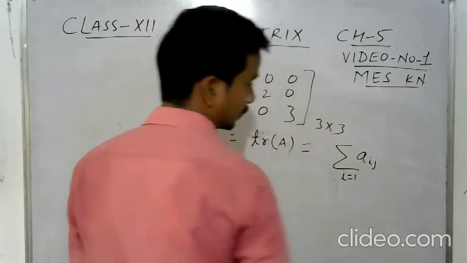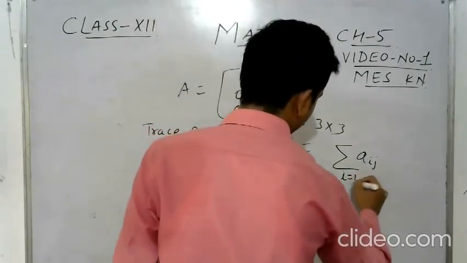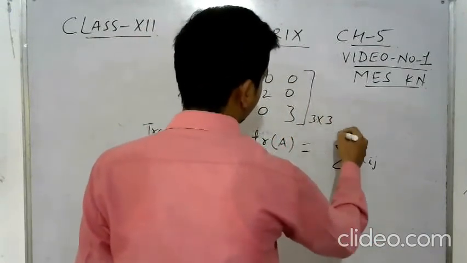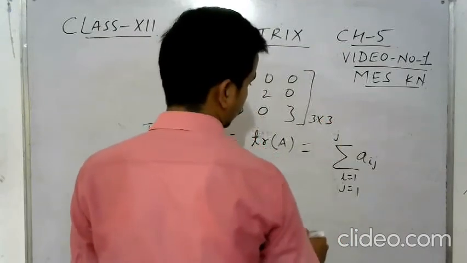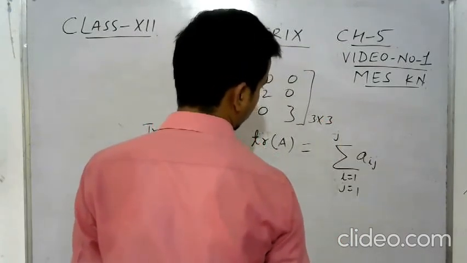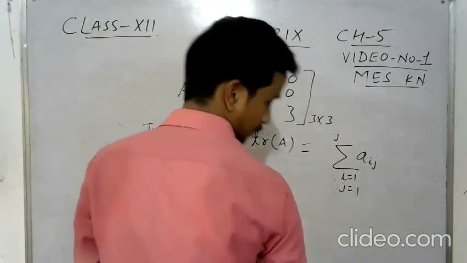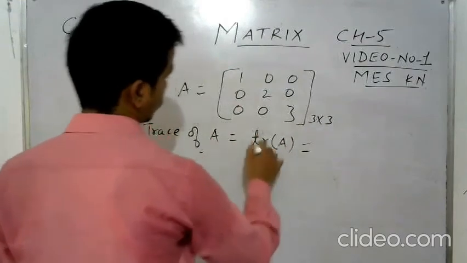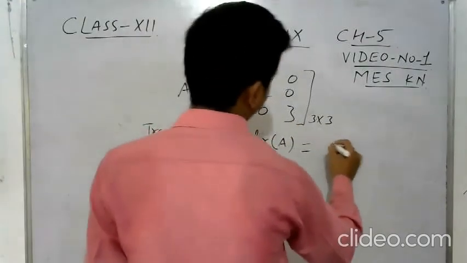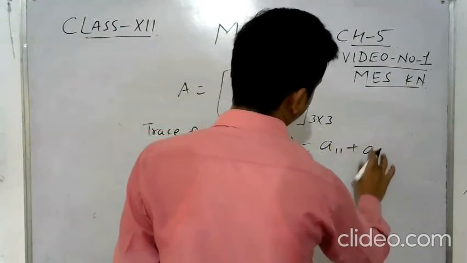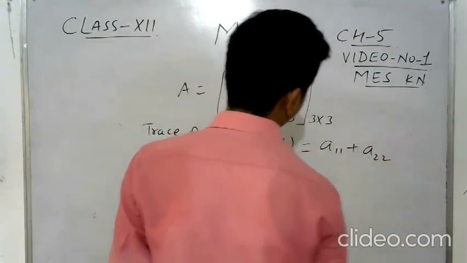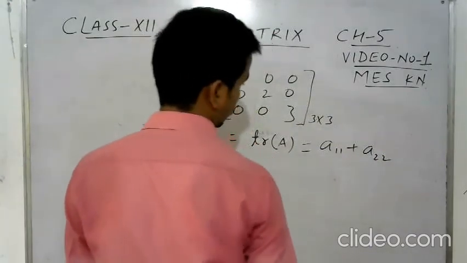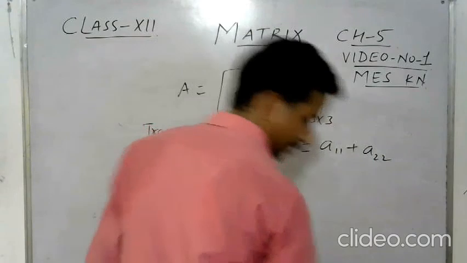For i equal to 1, 2, 3, this is 3 by 3, or you may write the trace of A is equal to the sum of these diagonal elements, or symbolically the sum of a_ij for all i equal to j.